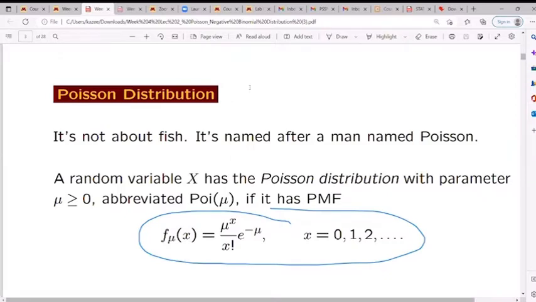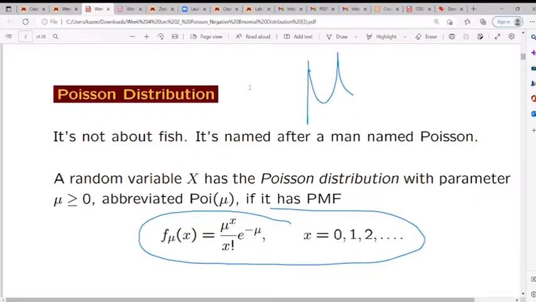If you take a look at that now, you're going to see X start from 0 to infinity. So the support of X right here is infinite. Take a look at that. And the parameter of interest here is mu. This guy here.